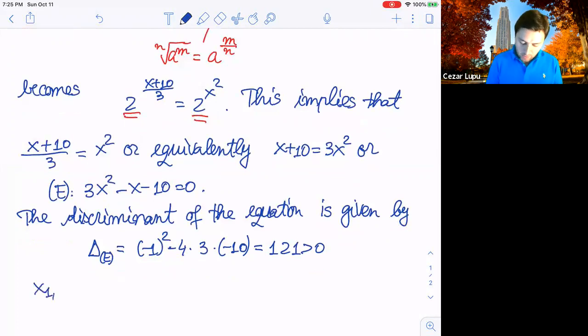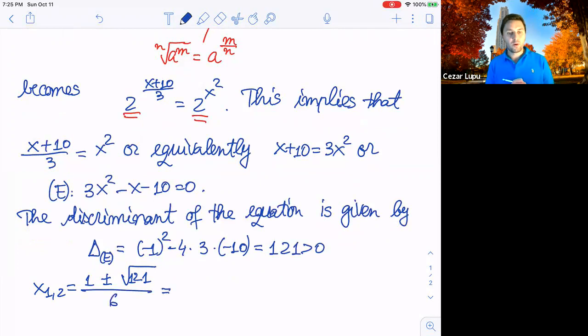So x1,2 will be minus my minus 1, so 1, plus minus the square root of 121, everything over 2 times 3, which is 6. The square root of 121 is 11, so this will be 1 plus minus 11, everything over 6.